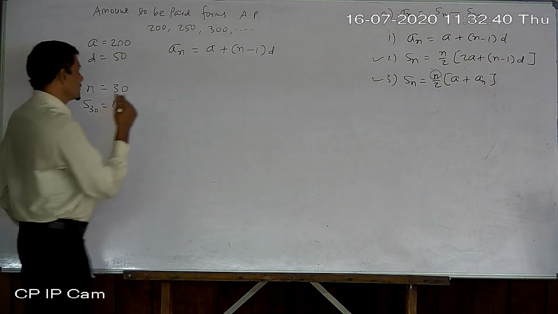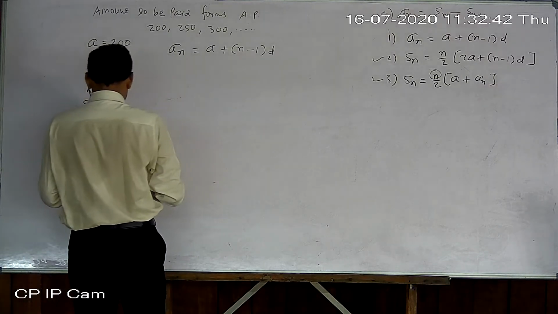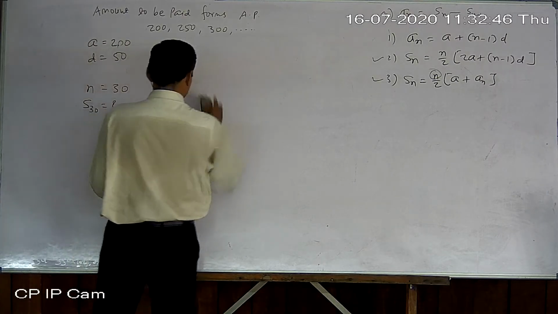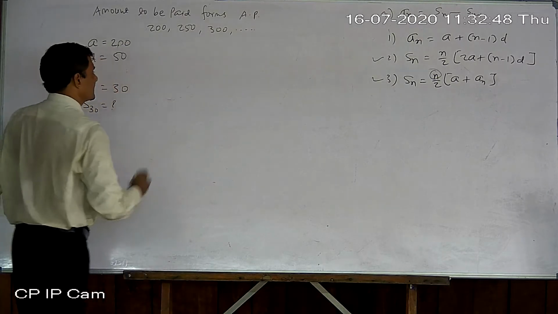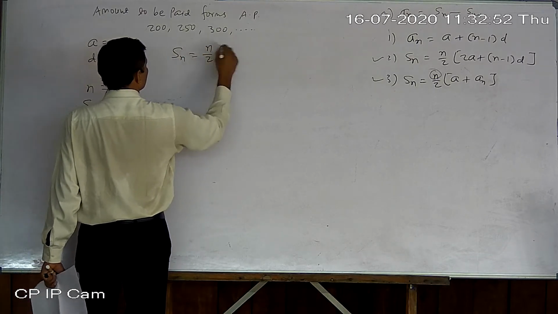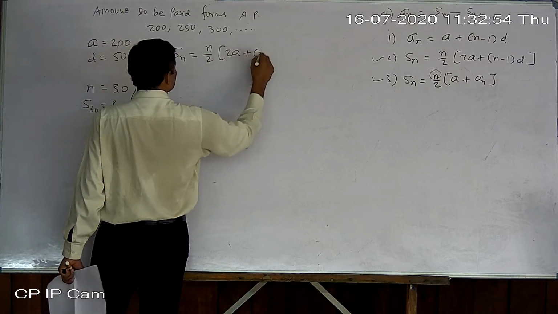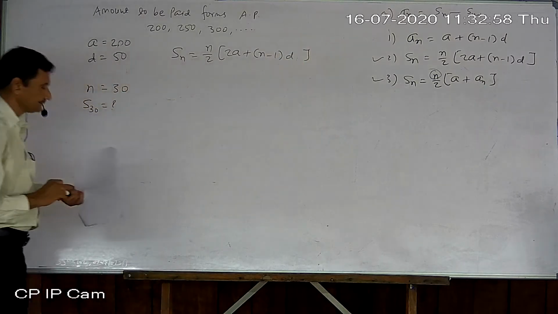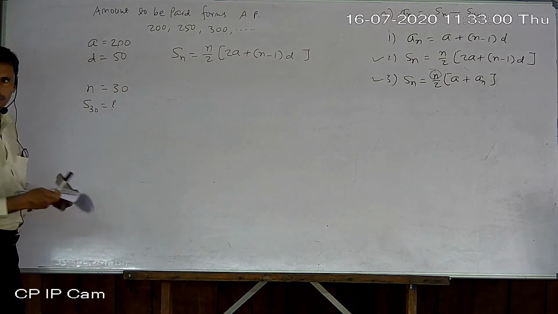Okay, so now we have to use the formula of Sn, not An. So write down the Sn formula: n by 2 into (2a plus (n minus 1) d). Now place our values.